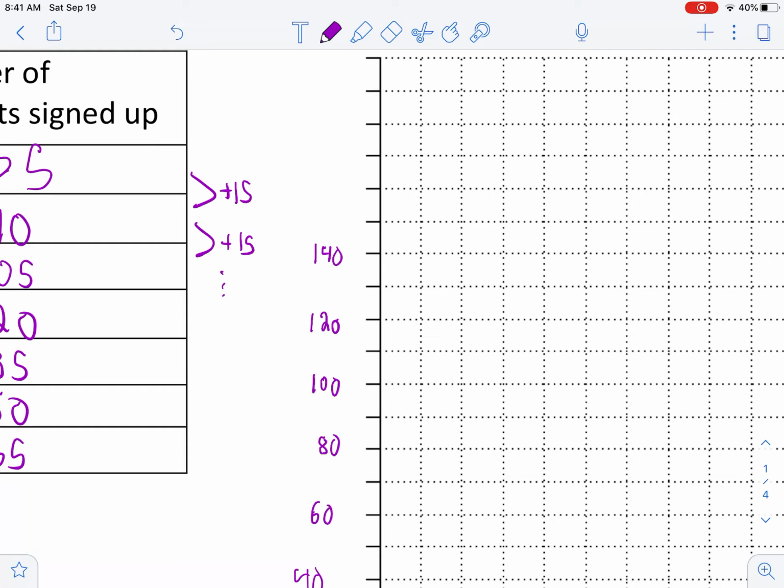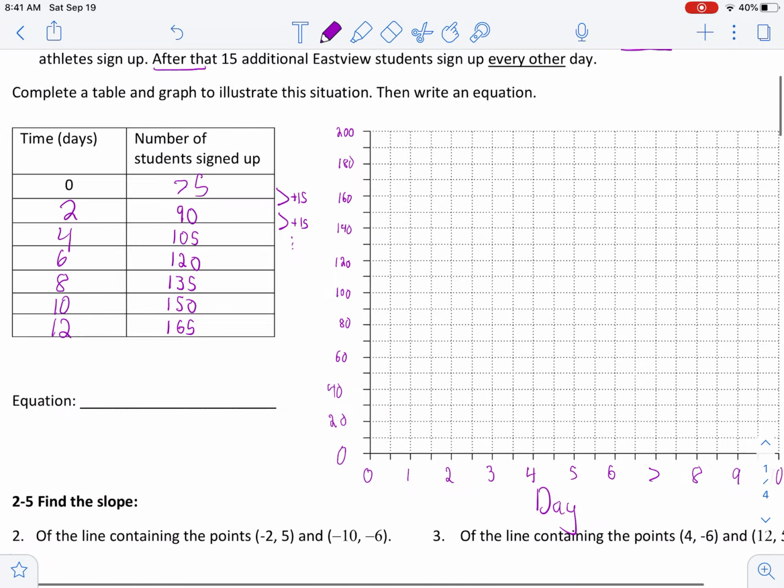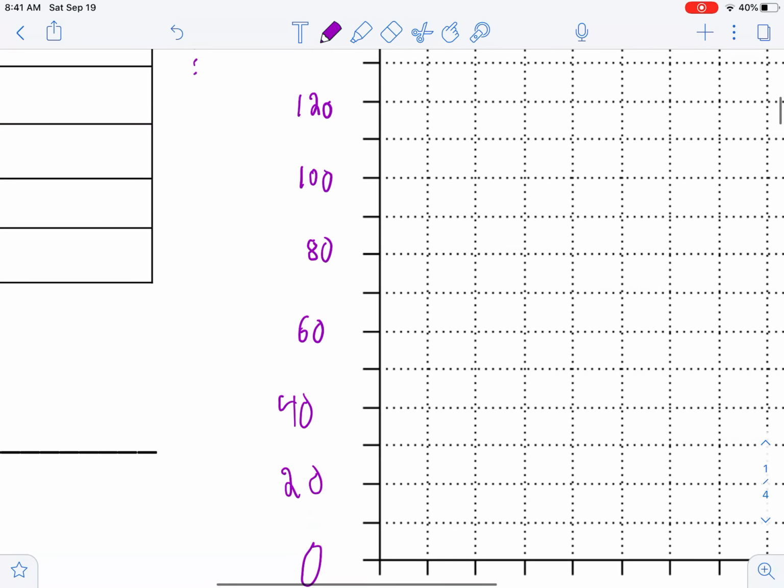Sometimes the scale you pick initially won't work out if we don't estimate right, and that's always fine. You can always erase and start over. But I think that's going to work out just perfect. Fantastic. So I'm going to go ahead and plot some of my points here, doing my best to estimate. So I know at times 0, we're starting out at 75. This tick mark right here represents 70, so I know I'm going to be halfway between 60 and 70 right there.